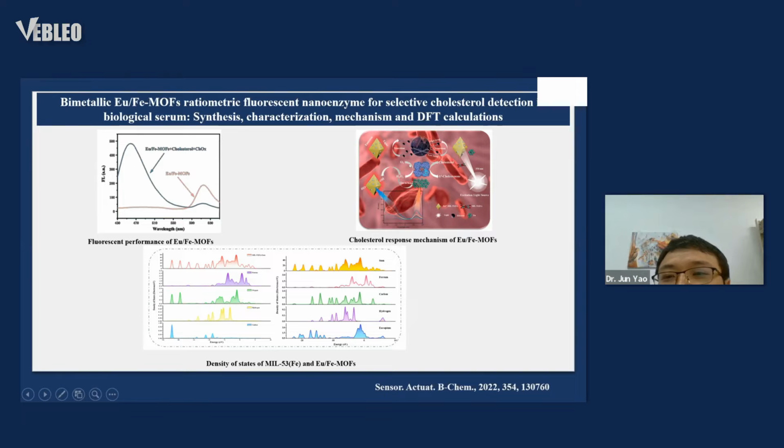Cholesterol and its oxides will react to produce hydrogen peroxide, which can quench the FL signal of the metal, and the hydrogen peroxide will be catalyzed by the doped MOFs to produce the hydroxyl radical.